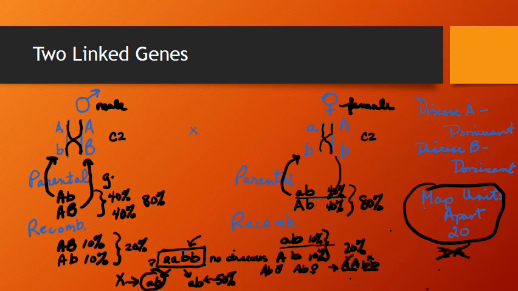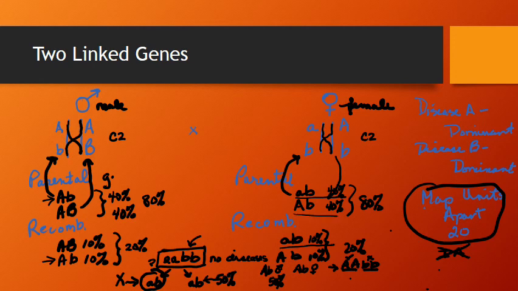In order for this to happen, we just need to figure out how often the male is going to give us the dominant A and the recessive b. In this case, this is going to happen here, and it's going to happen here. So there's a 50% chance for our male to provide this type of gamete. In our female, the chance for this to happen, a dominant A and a recessive b, is going to be 40%.